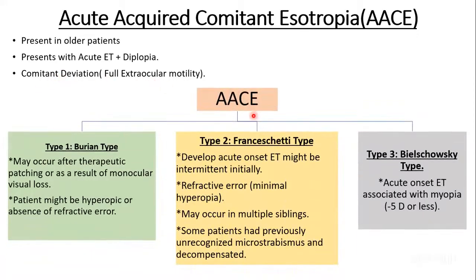For acute acquired comitant esotropia, we have 3 classical types: the Burian type, which usually happens after monocular vision loss or prolonged patching of one of the eyes; the Franceschetti type, where there is usually a positive family history and the patient mostly has a decompensated esotropia; or the Bielschowsky type, where the patient usually has myopia rather than hypermetropia.